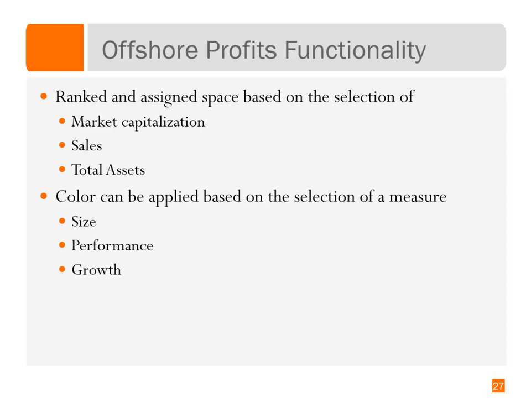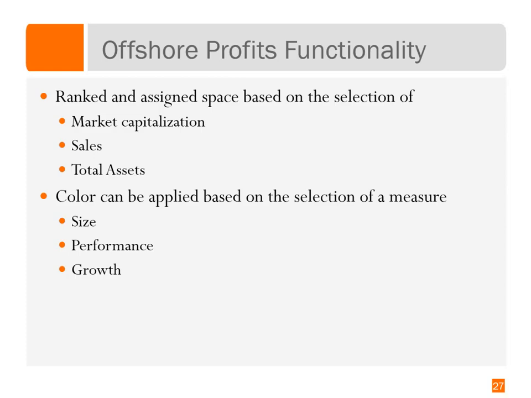Color can then be applied based on the selection of a particular measure, for example, size, performance, or growth. And based on those different selections, the different companies will organize themselves from the largest in the top left to the smallest in the bottom right and color code themselves.